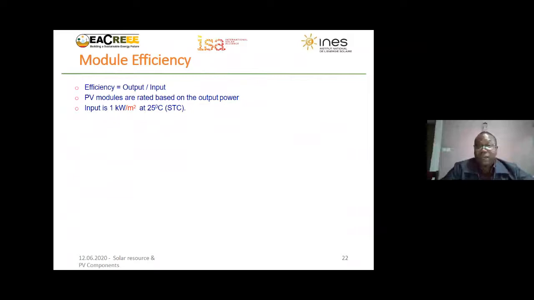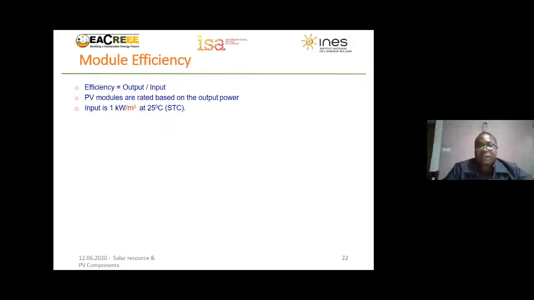So when you go to the market, the retailer will ask you how many watts do you want? You'll tell them 50 watts, 100 watts, and so on. These are usually rated by the manufacturer of that PV cell or PV module, and the rating is done under specific conditions.